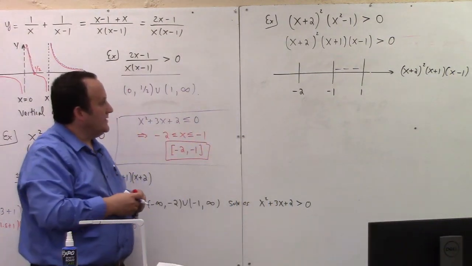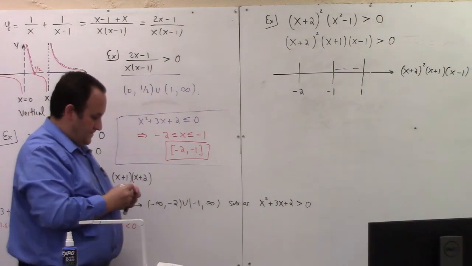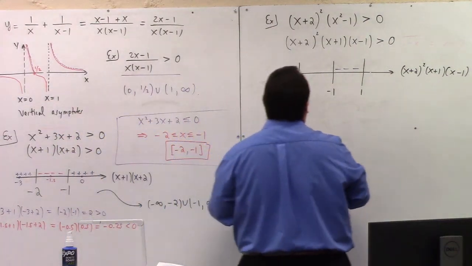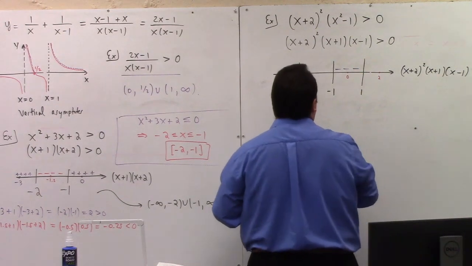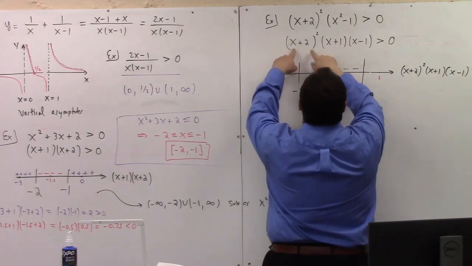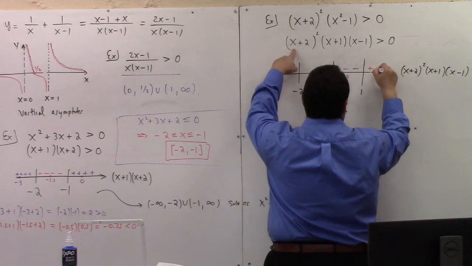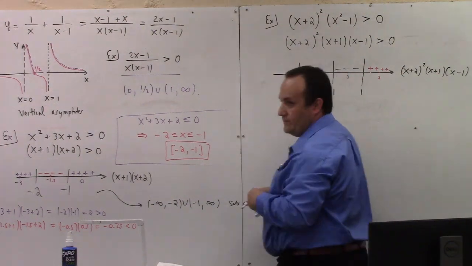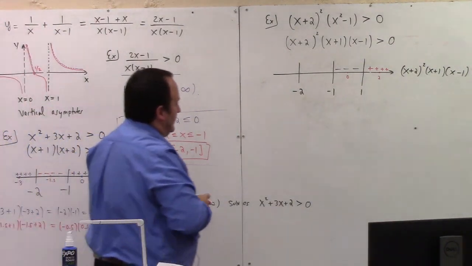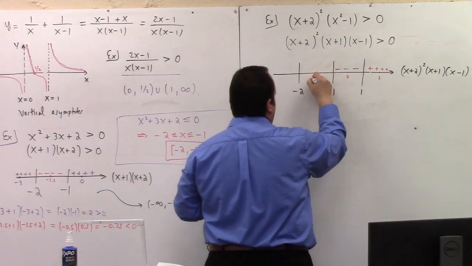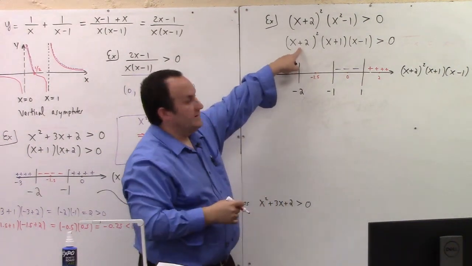What happens when you plug in 2? If I plug in 2, 2 plus 2 is 4, right? So that's positive, that's positive, that's positive. We got positive, positive, positive, we got pluses. What happens when we plug in minus 1.5 as a test point? So minus 1.5, that's positive, right?